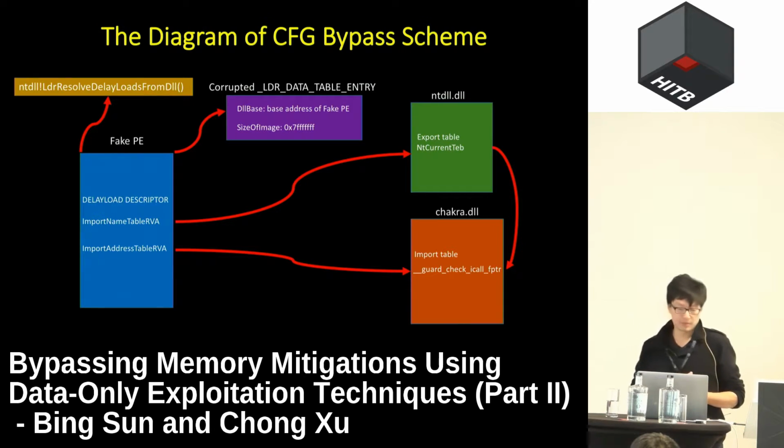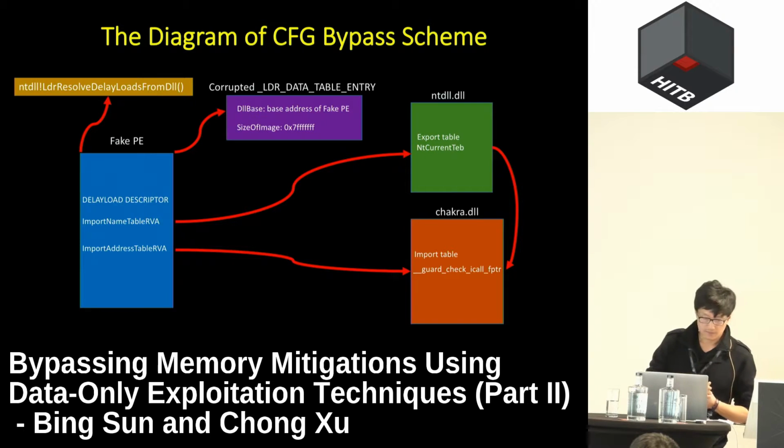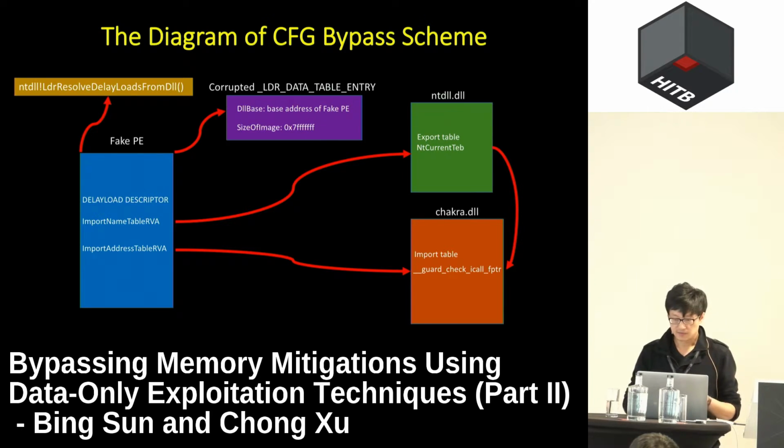In this descriptor, the import name table RVA is referring to an exported API in ntdll, while another field called import address table RVA is pointing to the import table of chakra.